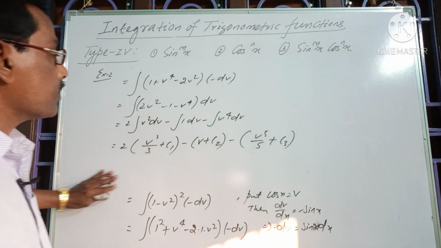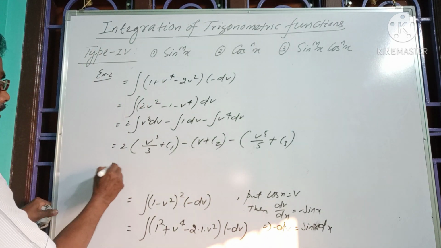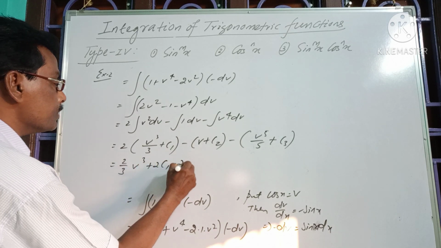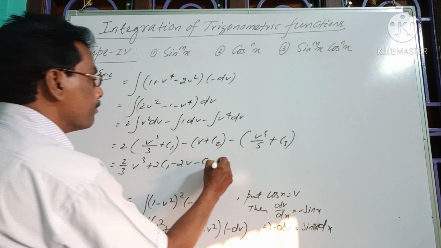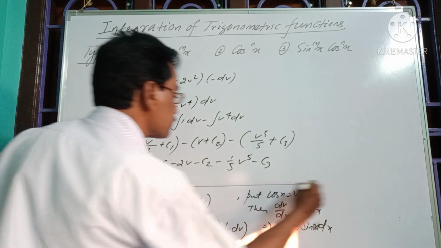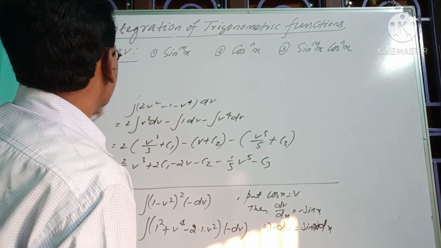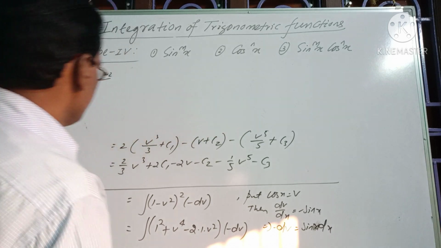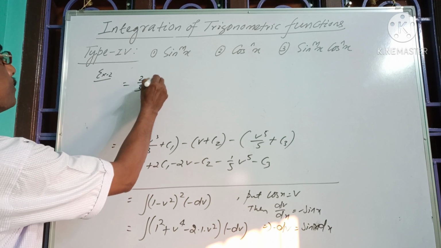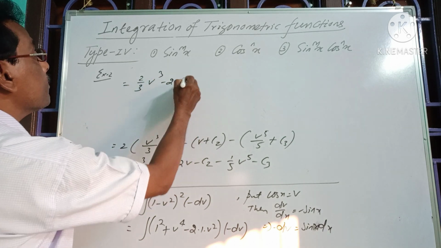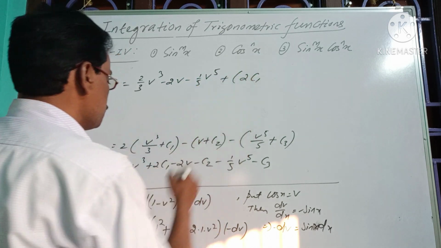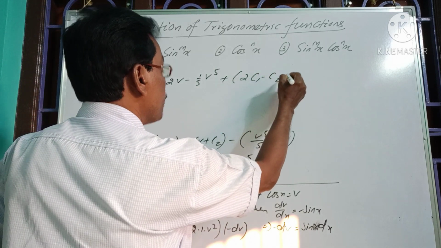So collecting the constants and the functions, we have 2 by 3 into v cube plus 2c1 minus 2v minus c2 minus 1 by 5 into v to the power 5 minus c3. Again simplifying, and collecting the functions and constants separately, we have 2 by 3 into v cube minus 2v minus 1 by 5 v to the power 5 plus, collecting the constants, 2c1 minus c2 minus c3.